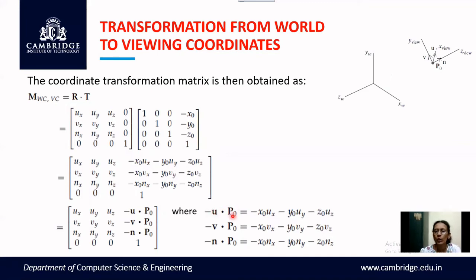That is, minus u dot p0 is minus x0 ux, minus y0 uy, minus z0 uz. So substituting this value, we get the coordinate transformation matrix as ux, uy, uz, minus u dot p0; vx, vy, vz, minus v dot p0; nx, ny, nz, minus n dot p0; 0, 0, 0, 1.